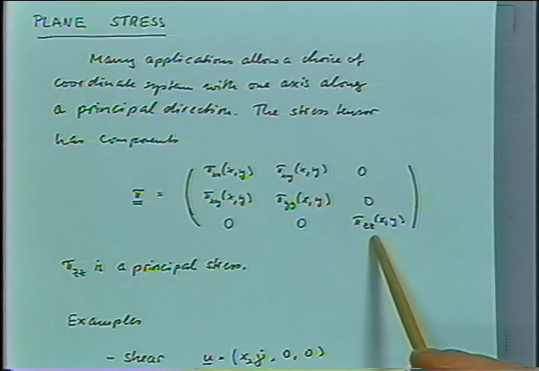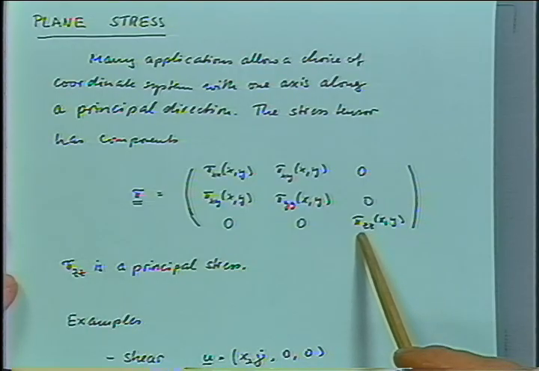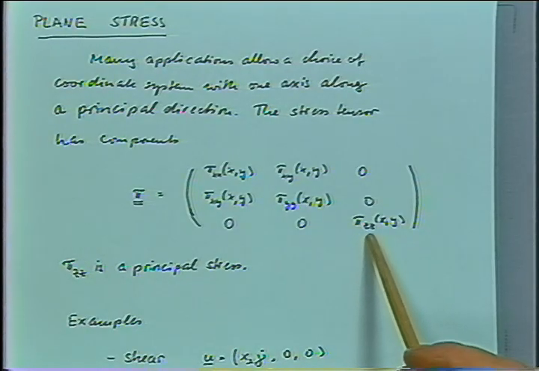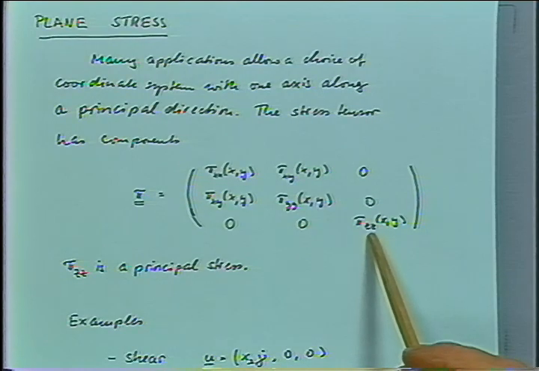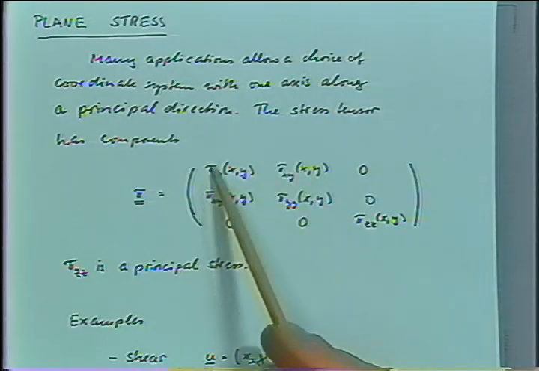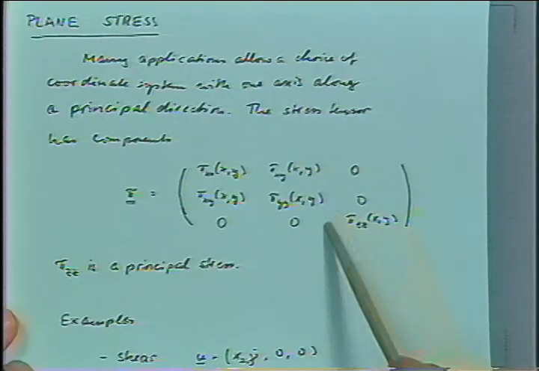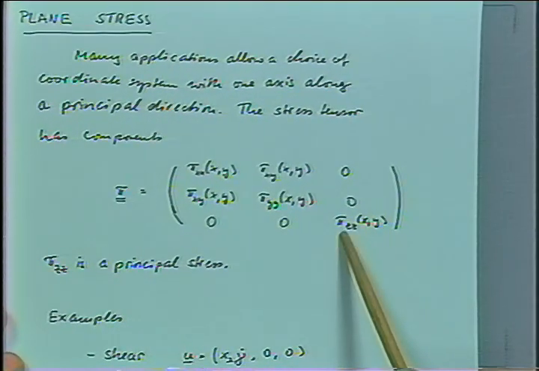This would be, as we describe the system, our third direction in the coordinate system would always be a principal direction for the stress. And then we can rotate our stress tensor or rotate our coordinate system around the third axis, and then we would get all kinds of values for the components here. We would get off-diagonal terms. But the principal stress would always stay the same.